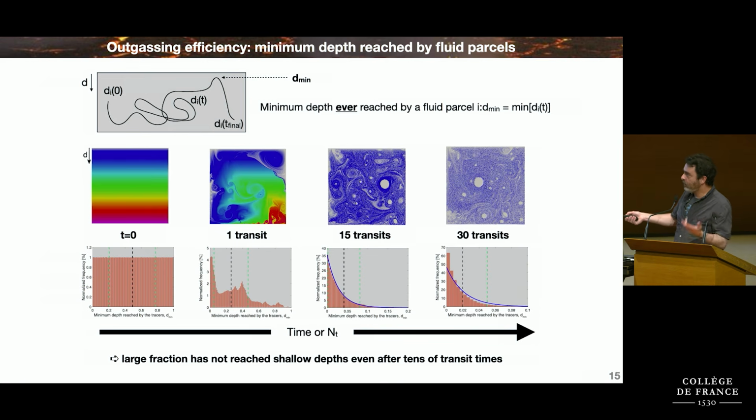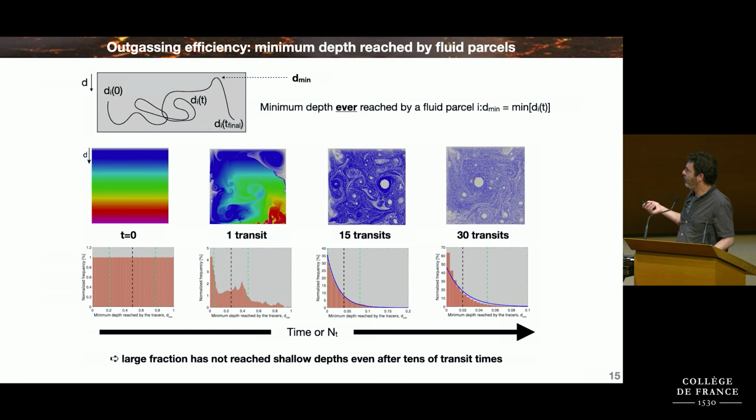This is the equivalent histogram. Initially it's a flat histogram, of course, but with time it tends towards this shape. And what is important to notice is that even after several tens of transit times, you have some material that hasn't reached the shallow depths. Some of the material has, but not everything.